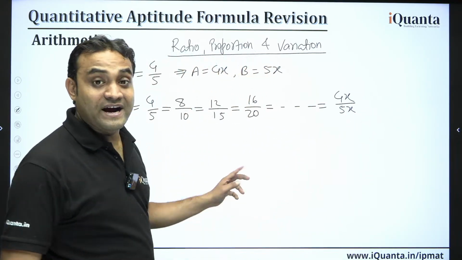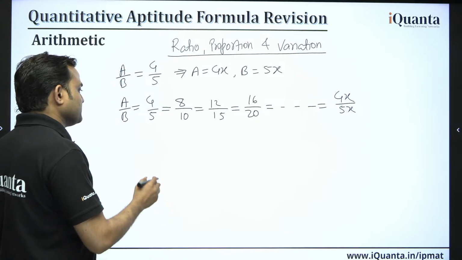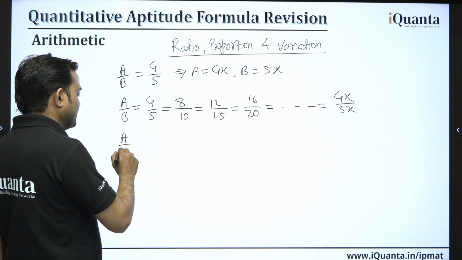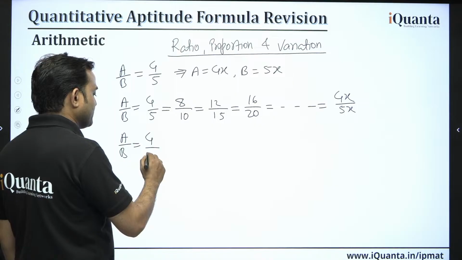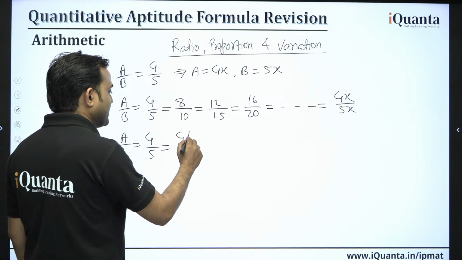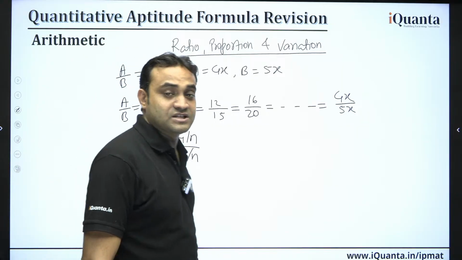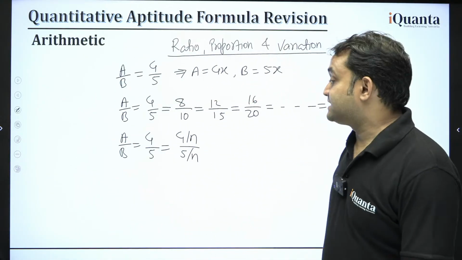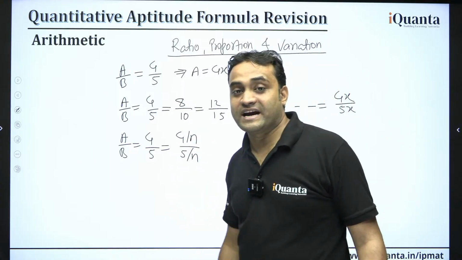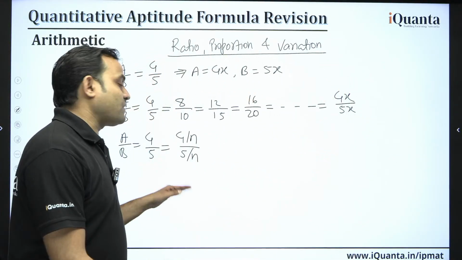Now if I divide the values by the same factor, it will still be the same. A by B is equal to 4 by 5 will remain the same if I divide by the same value, so it can be written as 4 by n upon 5 by n.